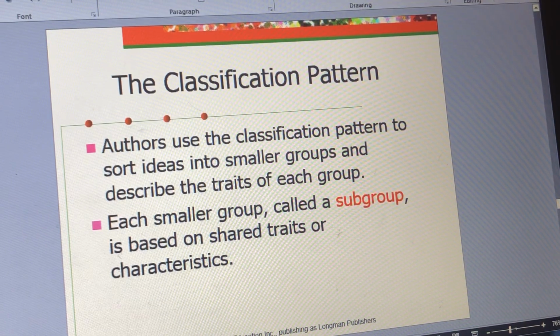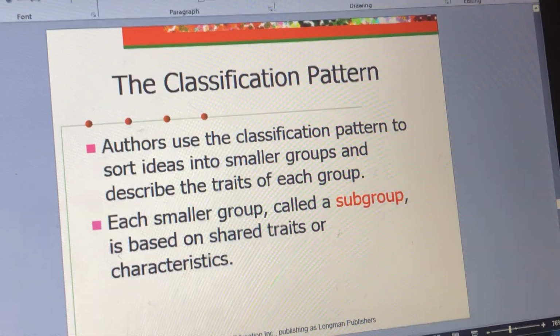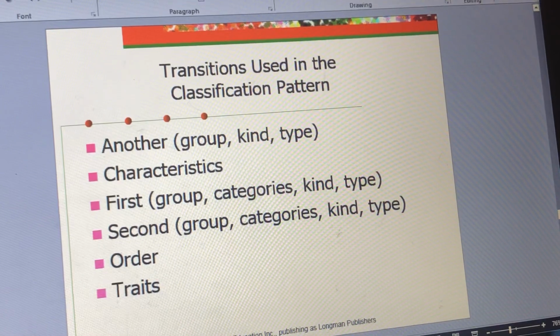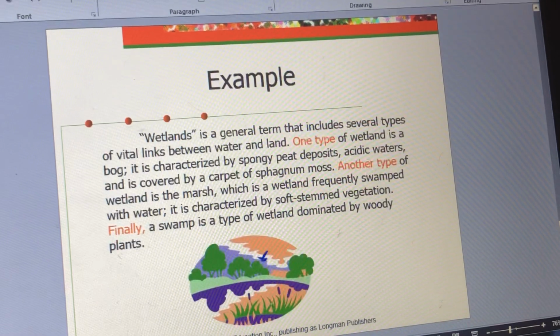So when you're looking at these subgroups, the transitions help show why that subgroup exists and its relationship to everything else. Here's some of the things you might be looking at with a classification pattern. All right, now I'm going to give you an example. Keep this in mind as we move into our next essay.